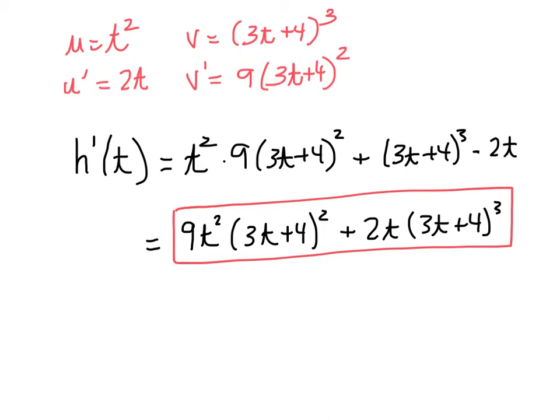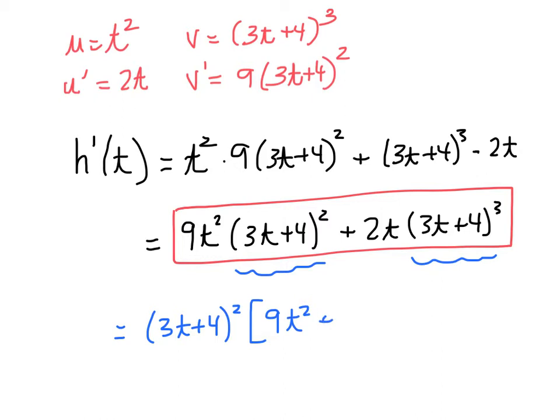You'll notice that there is a common factor of 3t plus 4 squared in both of these. So you might see that factor pulled out, 3t plus 4 squared, and then the leftover terms are 9t squared plus 2t times 1 extra 3t plus 4, because we only factored out the squared quantity.